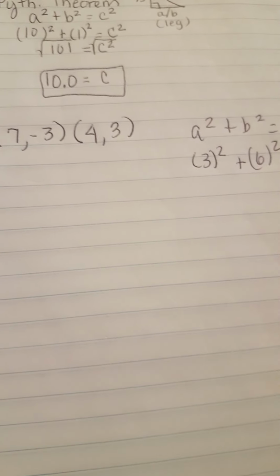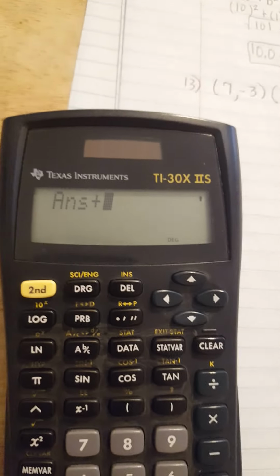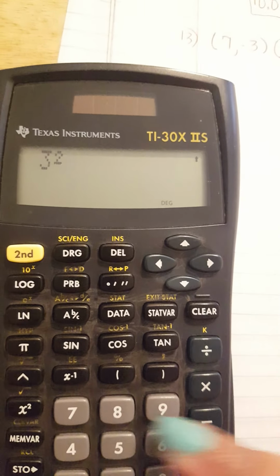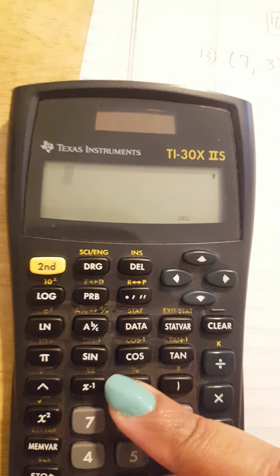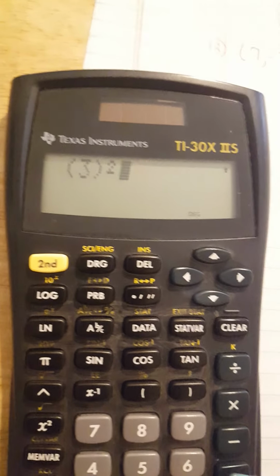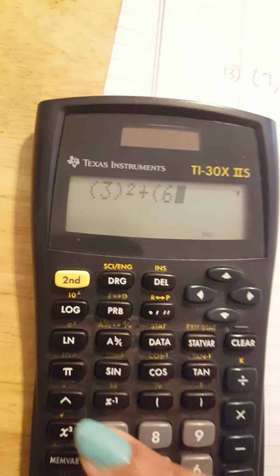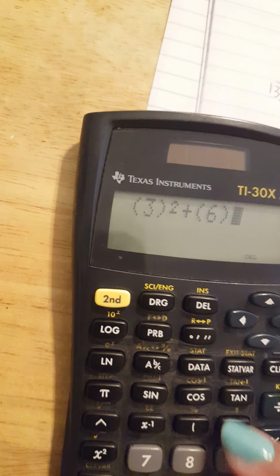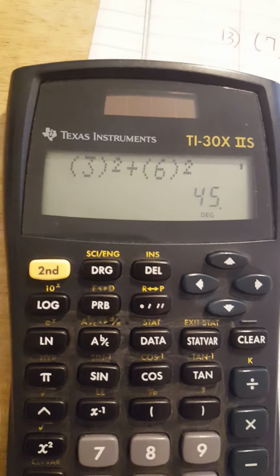And again, I have to find the hypotenuse. Well, going to my calculator, we'll take 3 squared plus 6 squared and that gives us 45.